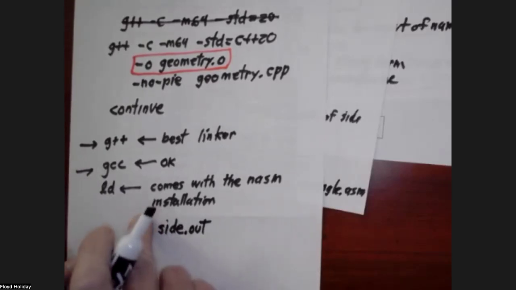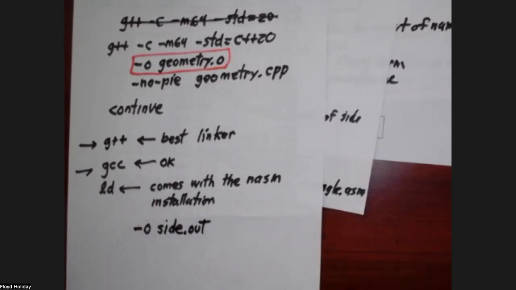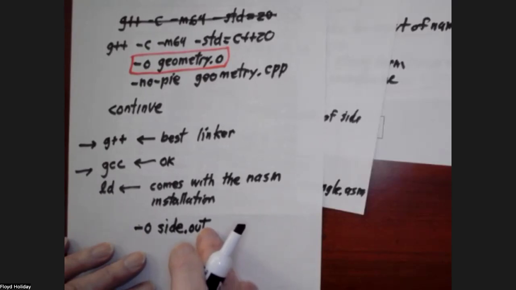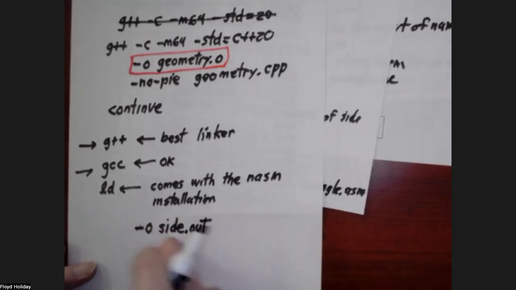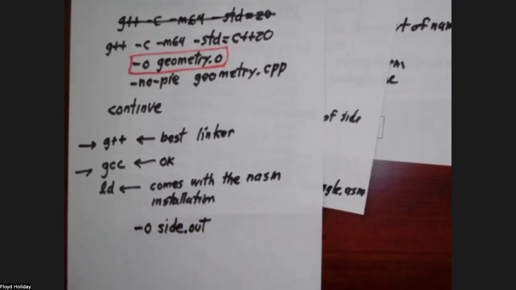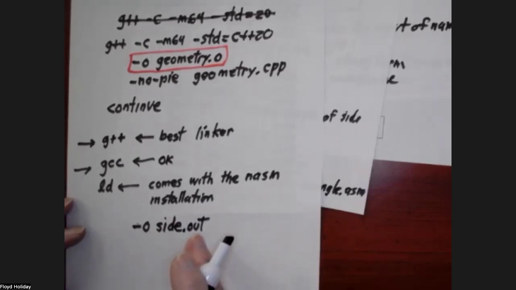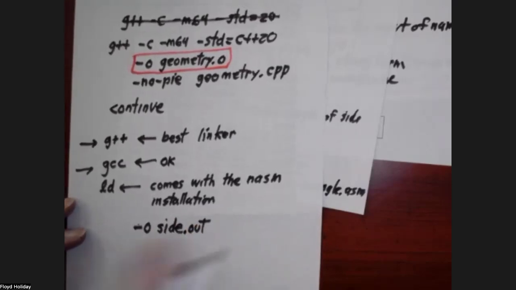Because of the O, it says the output from the linker, when it combines all the O files together, will be a single file, and you have to tell the linker what that file name is. Here's the place to put it. Side.out. You can make up anything you want.